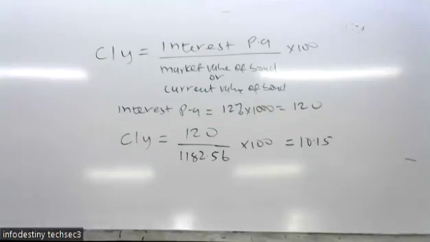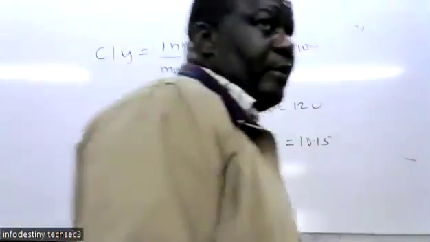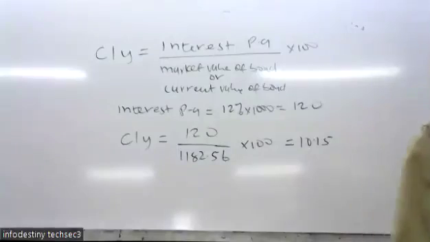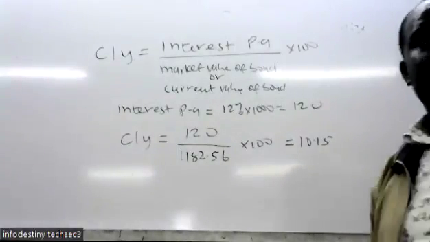Then the next one is now the Roman letter 3. For Roman letter 3, they wanted you to calculate the capital gain on the bonds.